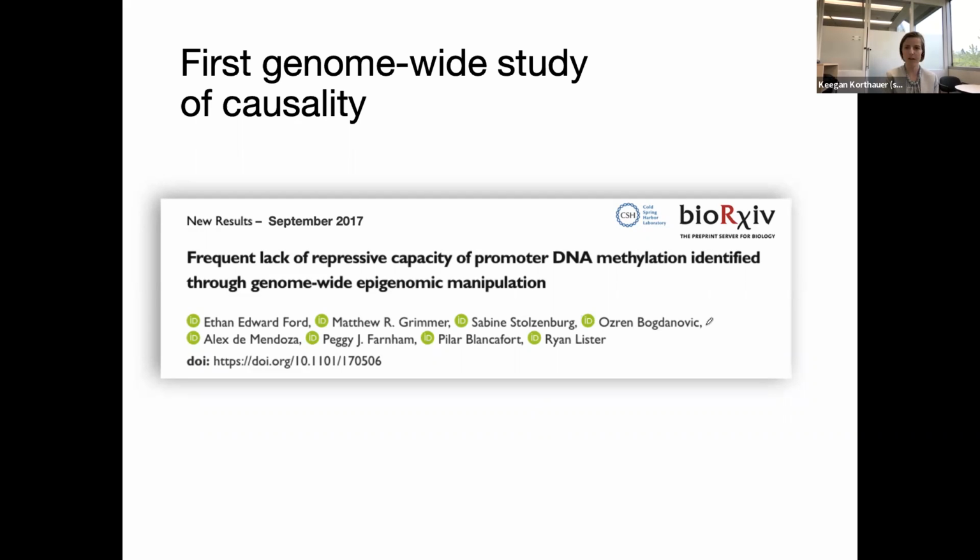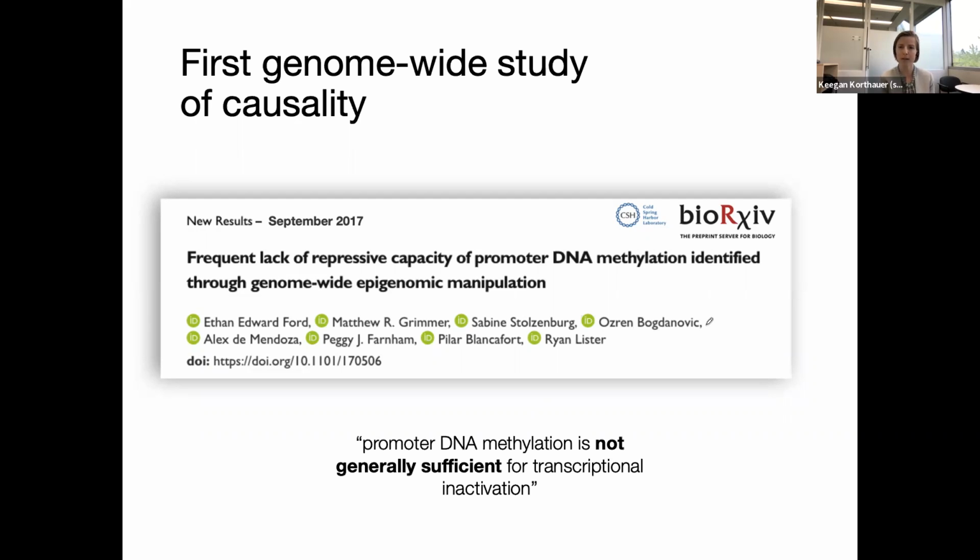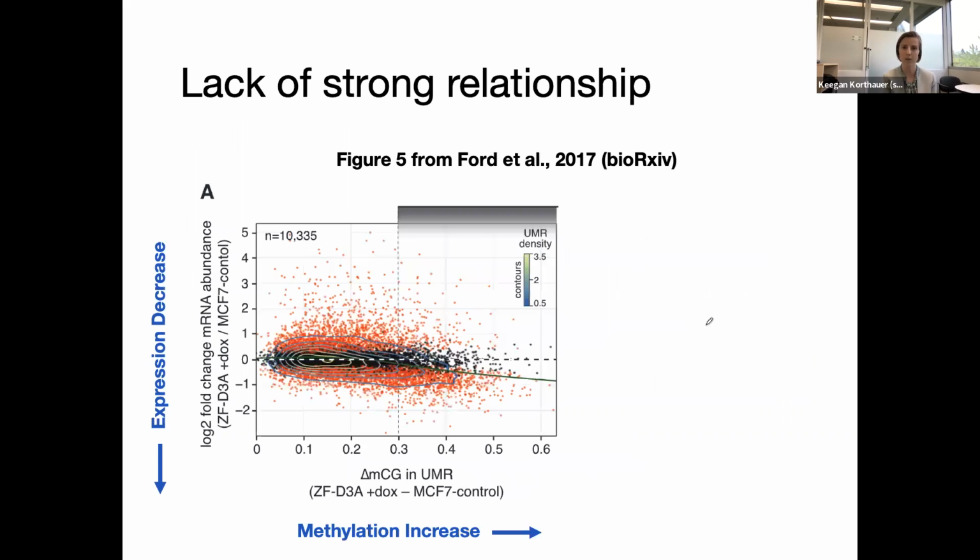Based on the results, they came to the surprising conclusion that methylation was generally not sufficient for gene repression. So this potentially points at the methylation being a downstream byproduct of other mechanisms, not something that actually causes a change in gene expression.